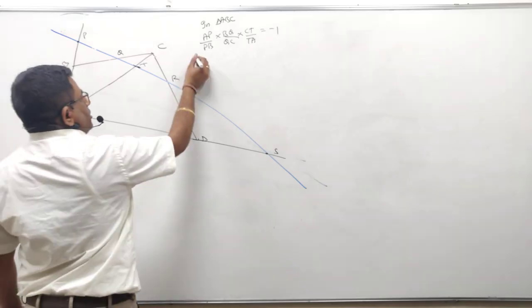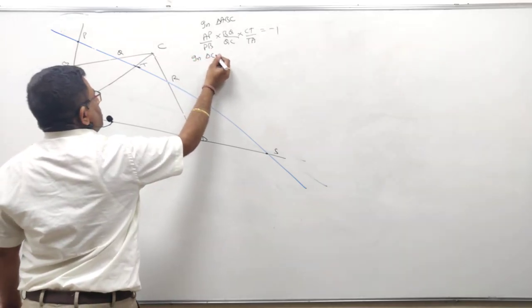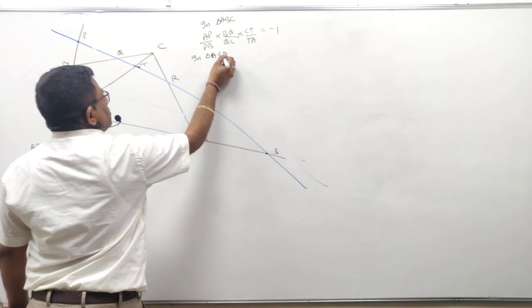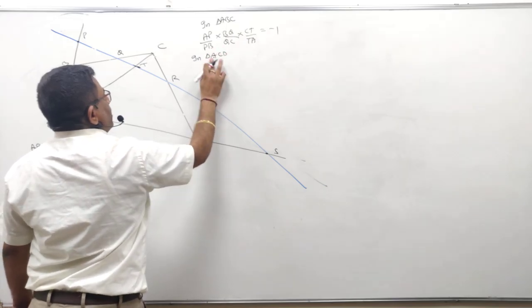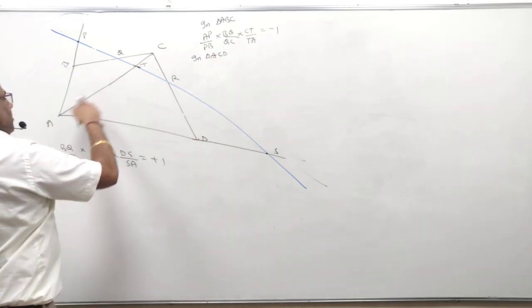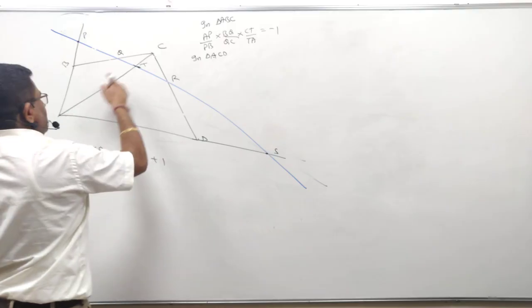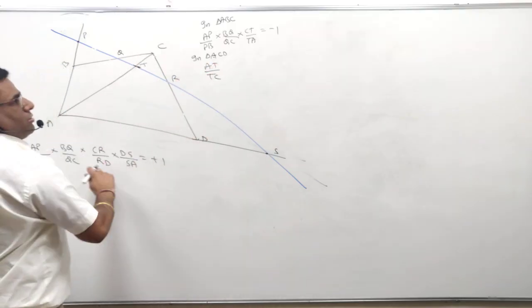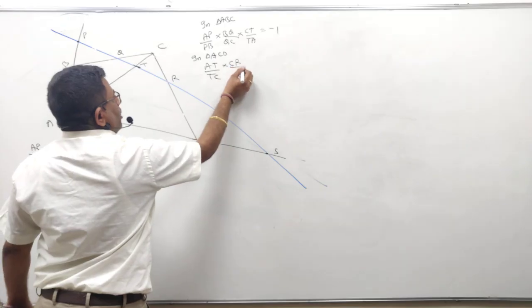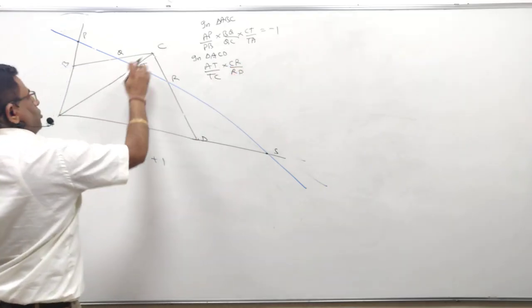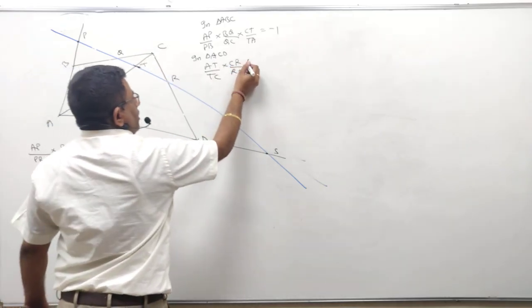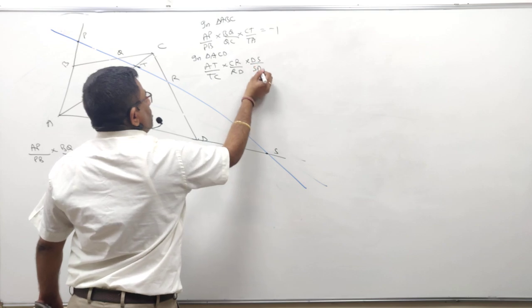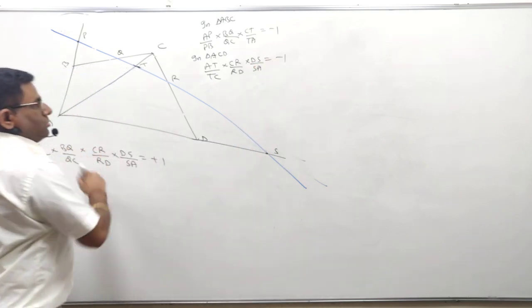And in triangle ACD, what we have is CT upon TA, or you can write AT upon TC. Now AT upon TC into CR upon RD into DS upon SA comes out to be equal to minus 1.